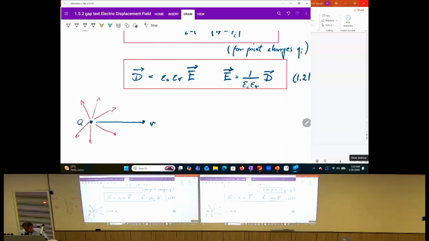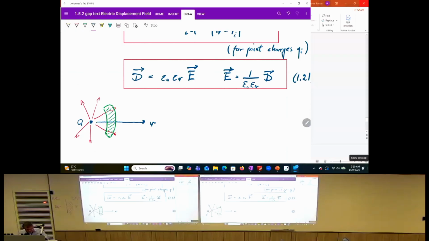And let's assume now, at a little distance from that point charge, you have some material here, which I depict here in green. This is some dielectric material, and the whole arrangement shall be of radial nature, at least in this direction where we observe.